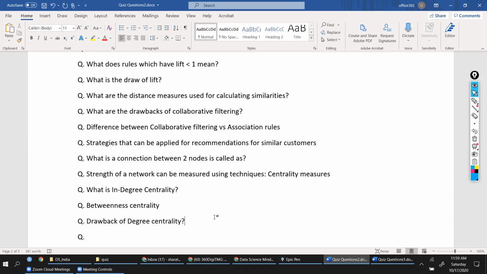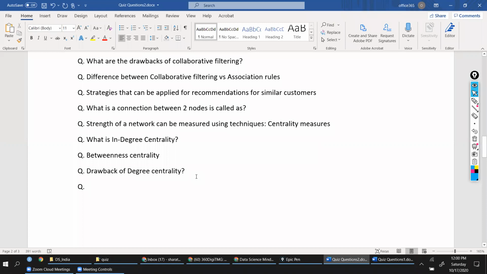Very good. Degree centrality captures only the direct connections. It is also known as only a local measure. It does not talk about the overall connections that impact the value of a node. Very good. So that's the drawback of degree centrality.